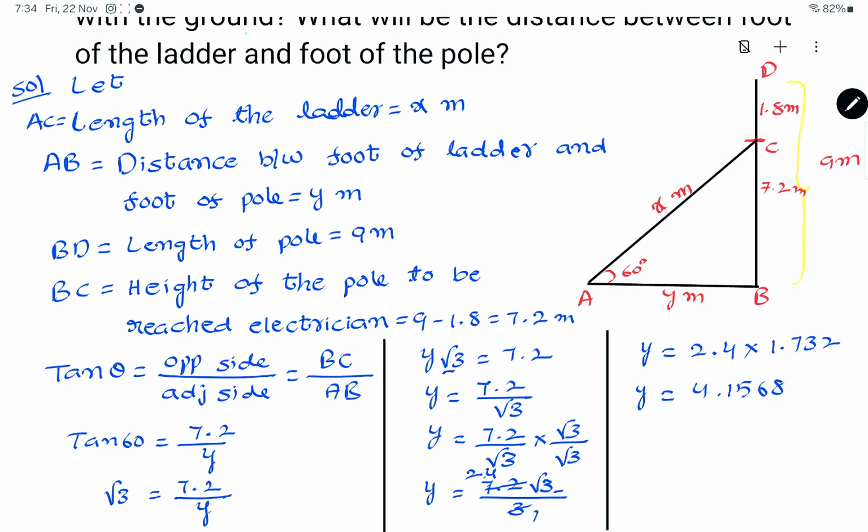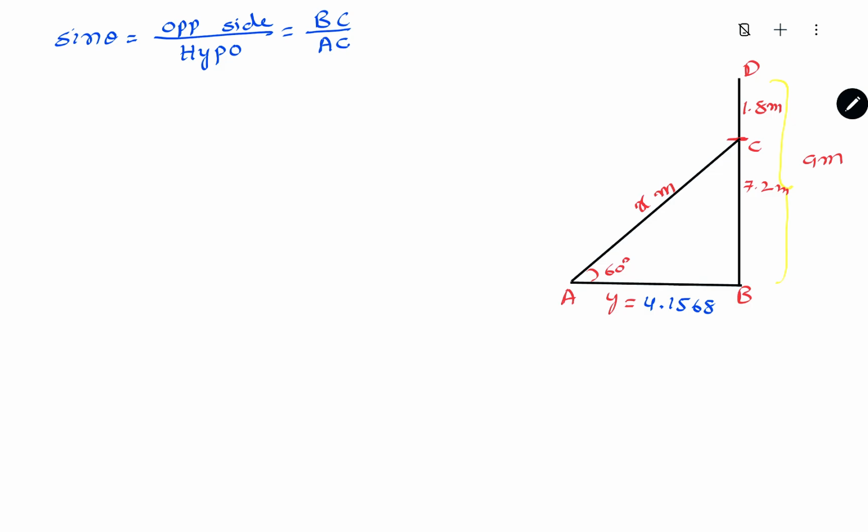Now we will find length of the ladder. Here for the angle we have opposite side and we need to find hypotenuse. So we will use sine ratio. Sin theta is equal to opposite side by hypotenuse. Here theta is 60 degrees.